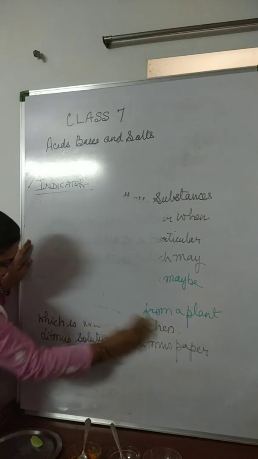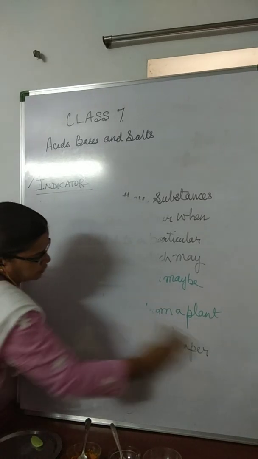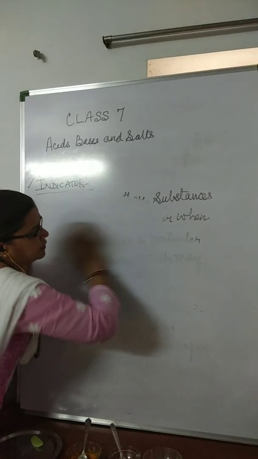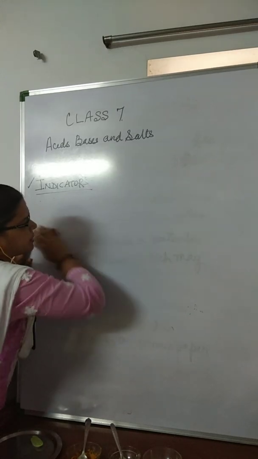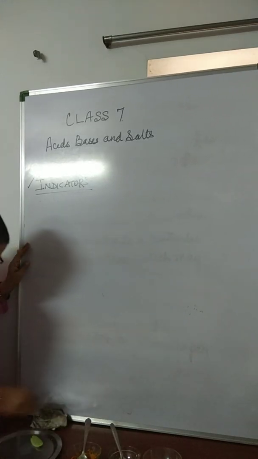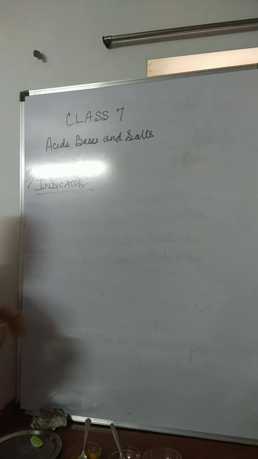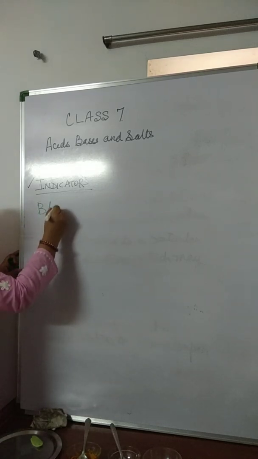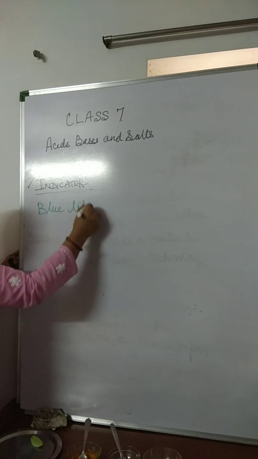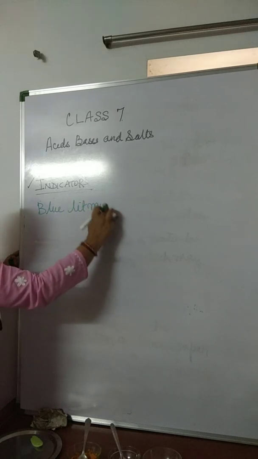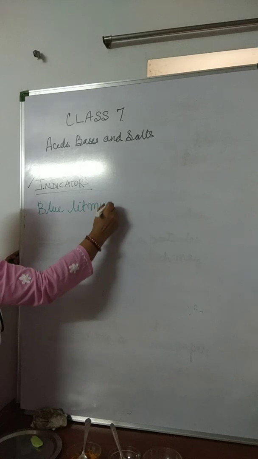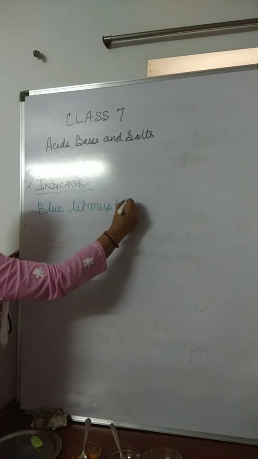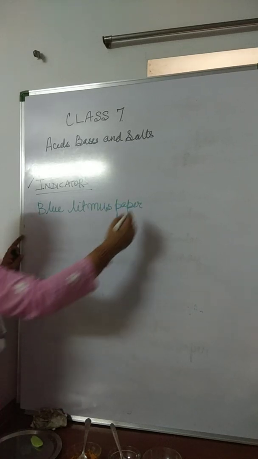We are still studying indicators, and shortly we will be doing a small activity to understand a little bit about indicators and their uses. So we were talking that we have two types of litmus paper. Blue litmus paper is of course blue in color, or we have solution.